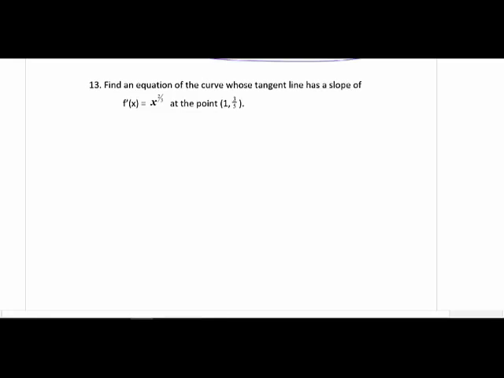Again, pause at any time you need to. So 13, we're finding the equation of the curve whose tangent line has a slope of x to the 2/3. Remember, that's the derivative, and they give us a point. So to go backwards, we want the equation of the curve. We're going to take the integral of x to the 2/3 with respect to x.